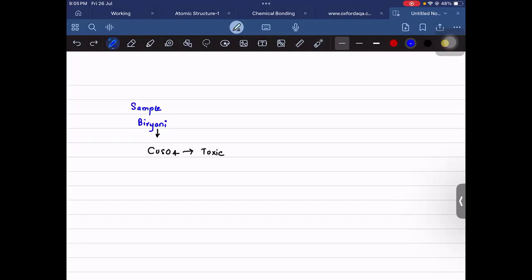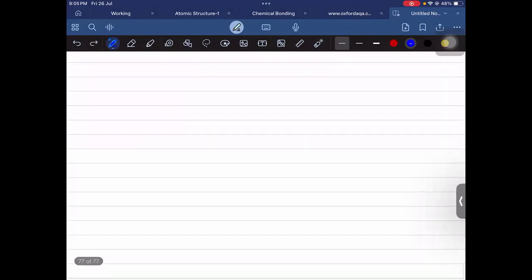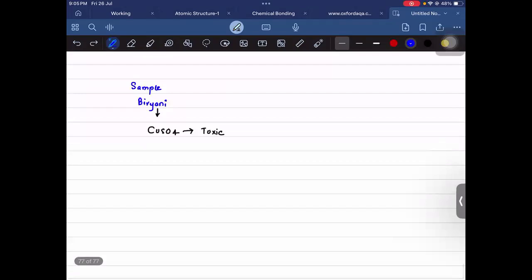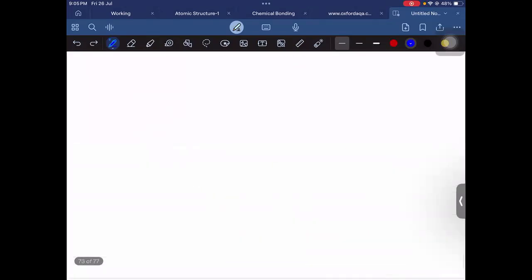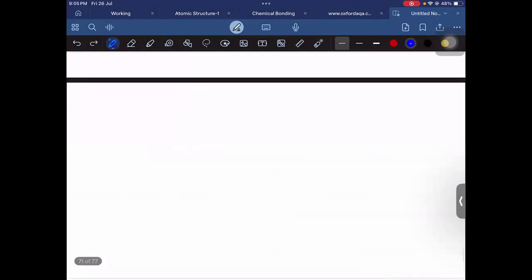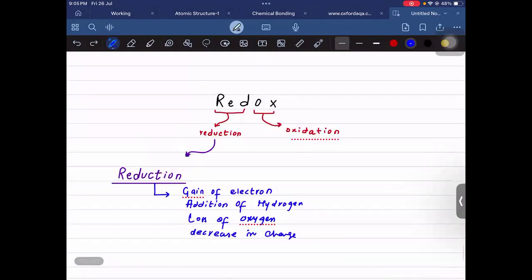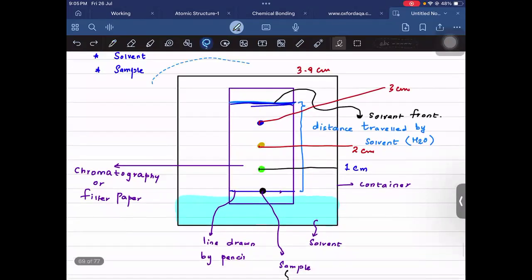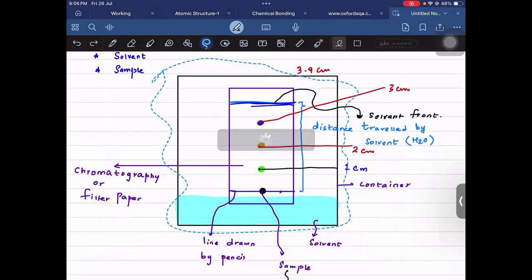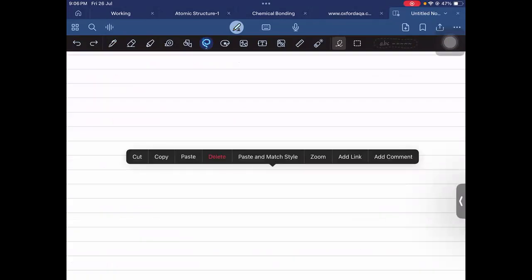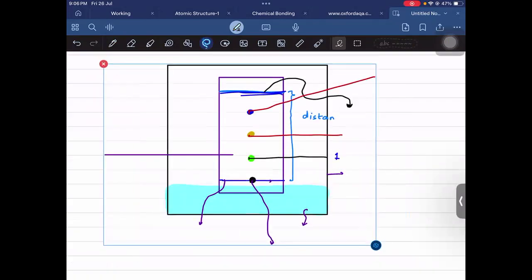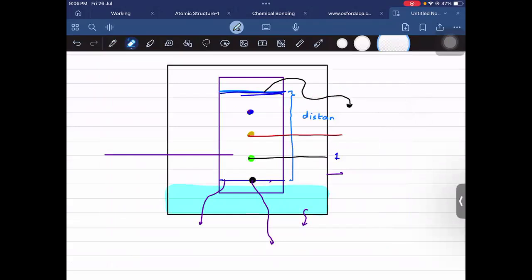So what you would do is basically the same thing. I'm just copying the diagram of chromatography that we drew in the last class, just like this. I have just copied the whole diagram. Same thing.